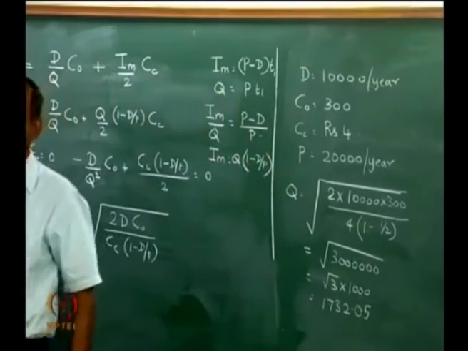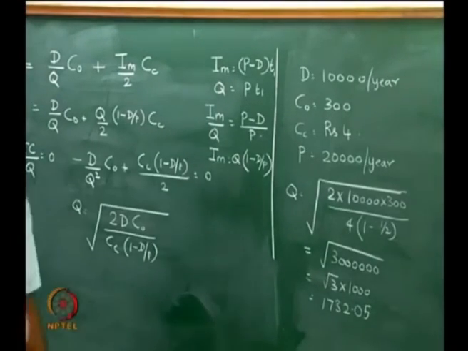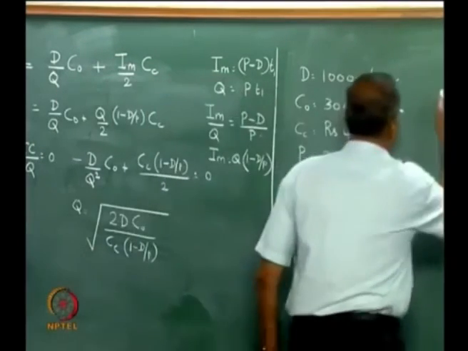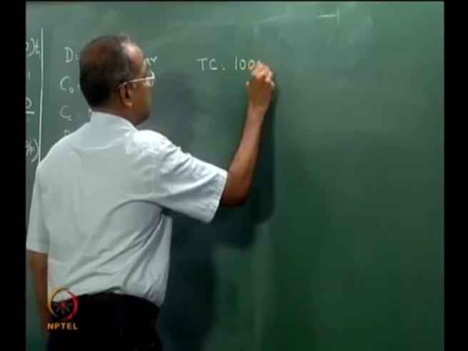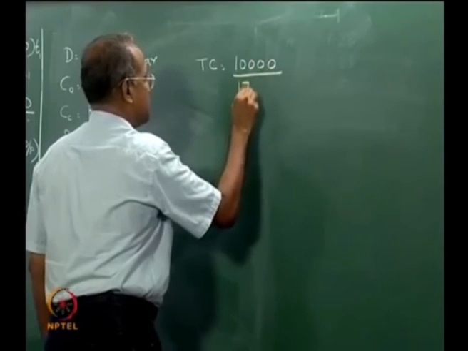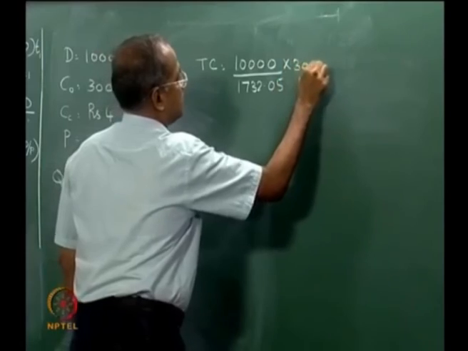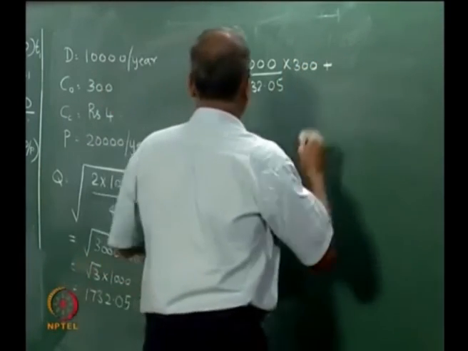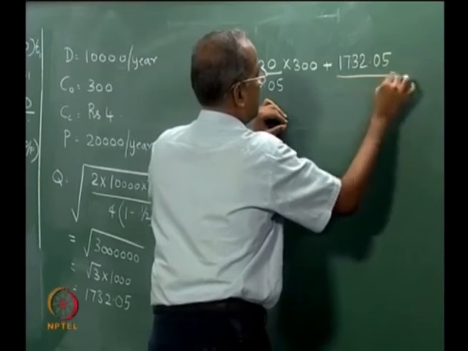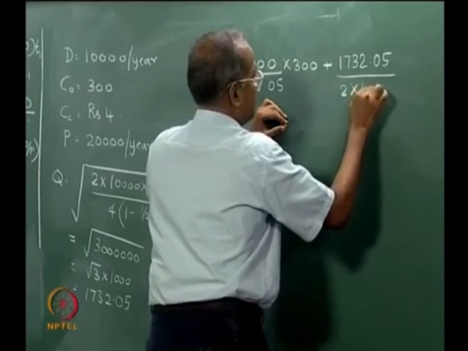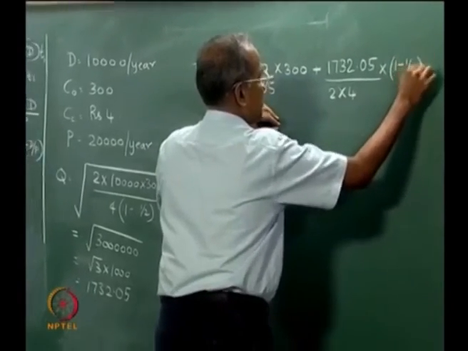So, every time we produce quantity equal to 1732.05. The total cost will be D by Q, 10,000 divided by 1732.05 into 300, plus Q by 2, 1732.05 divided by 2 into 4 into 1 minus D by P, 1 minus half.